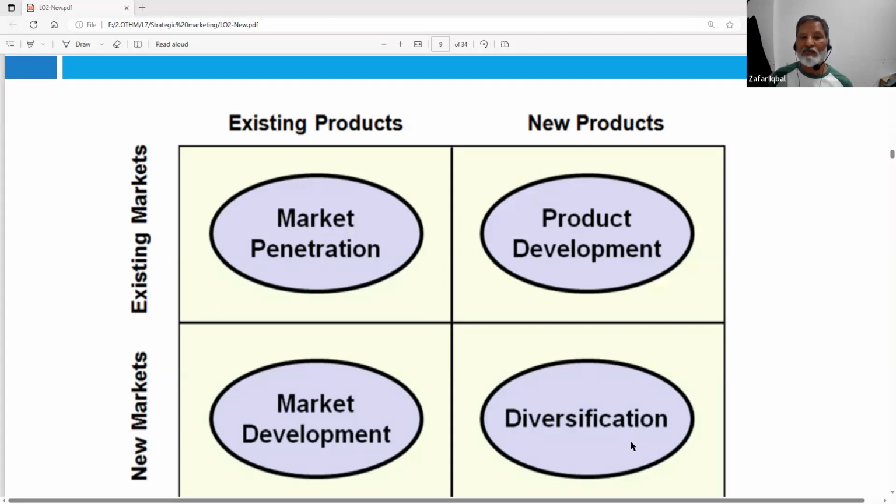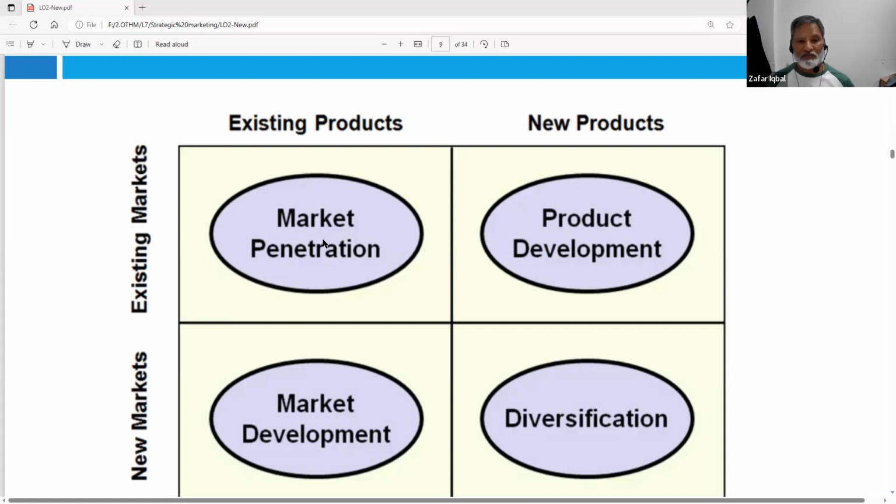All right, so when we are talking about existing products into the existing market, we're talking about the market penetration. Okay, and this is quite easier, quite simple, because the company has resources and can achieve very quickly and be successful or otherwise, but it's easier for them to go into market penetration.